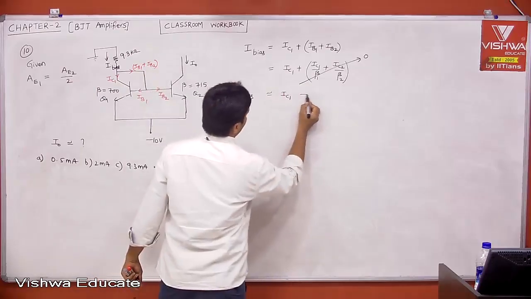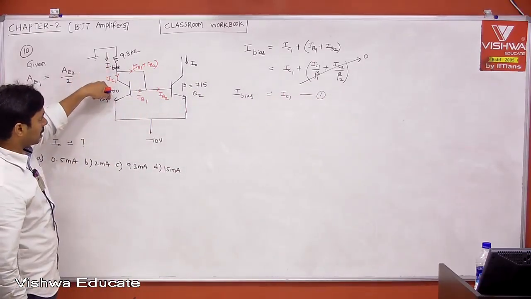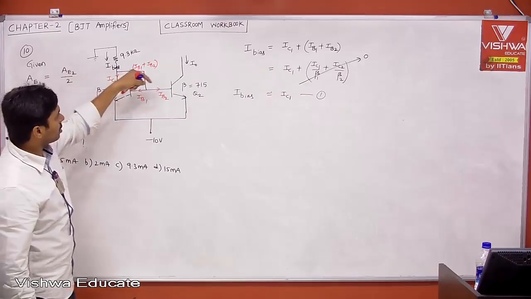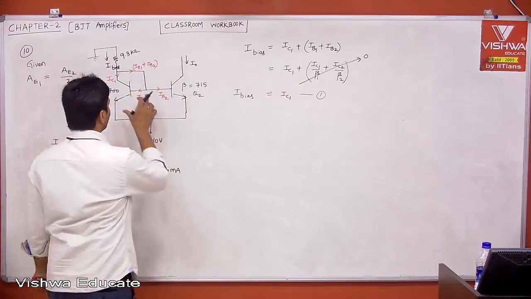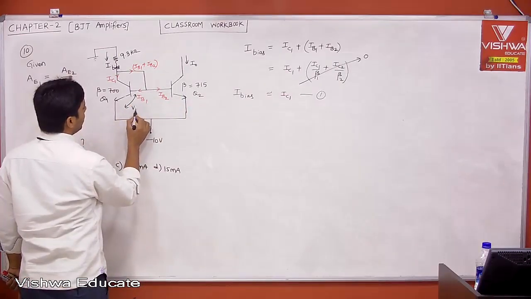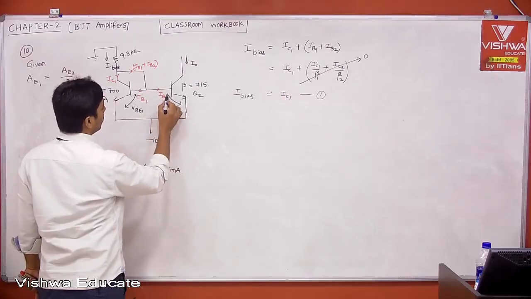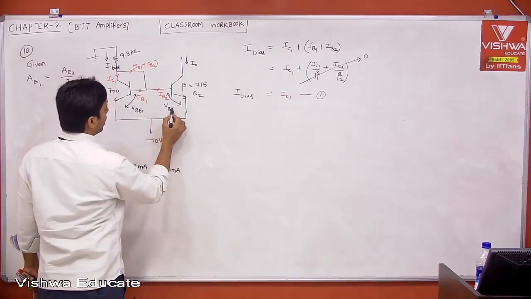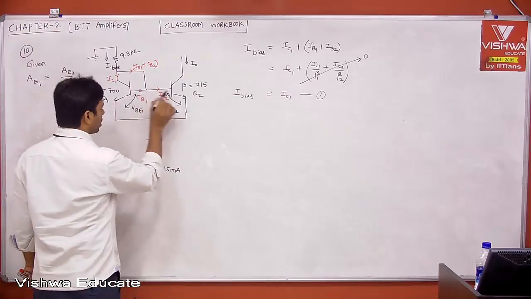Now, whatever current is flowing through Q1, the same current will also flow through this one, provided both have the same area. We know that both have the same VBE. What is this voltage? This is your VBE1. And what is this voltage? This is VBE2. Both emitters are shorted, both bases are shorted.